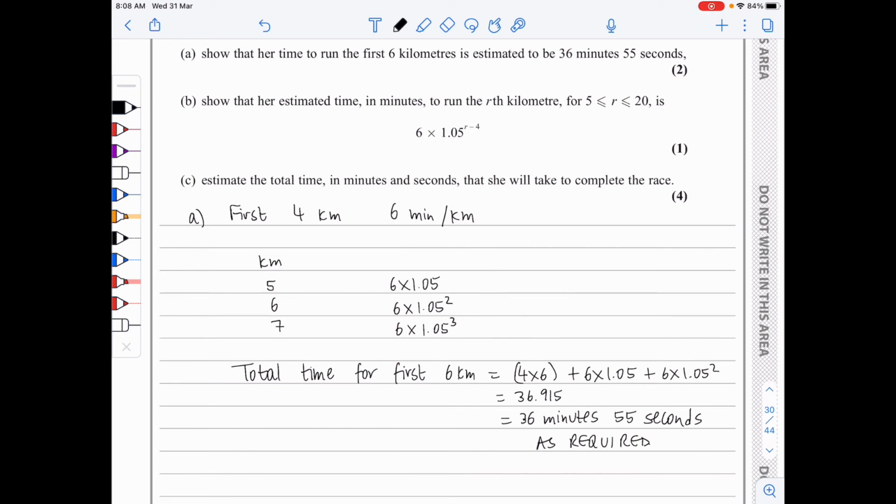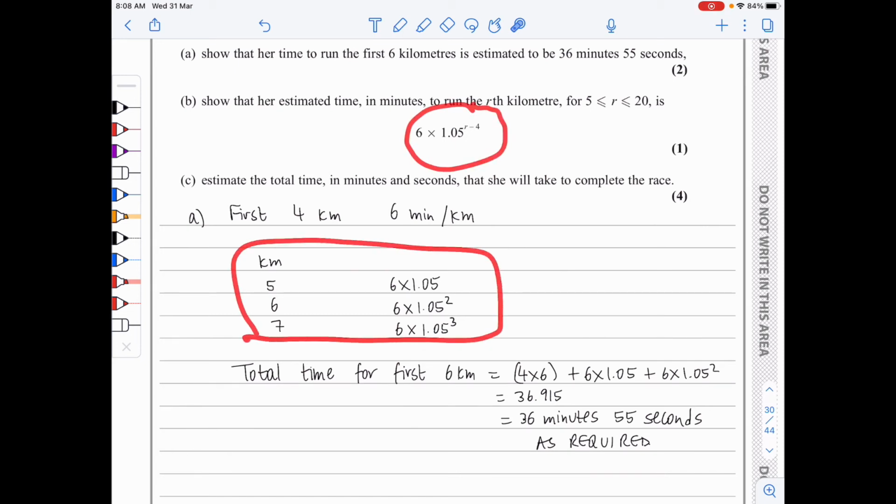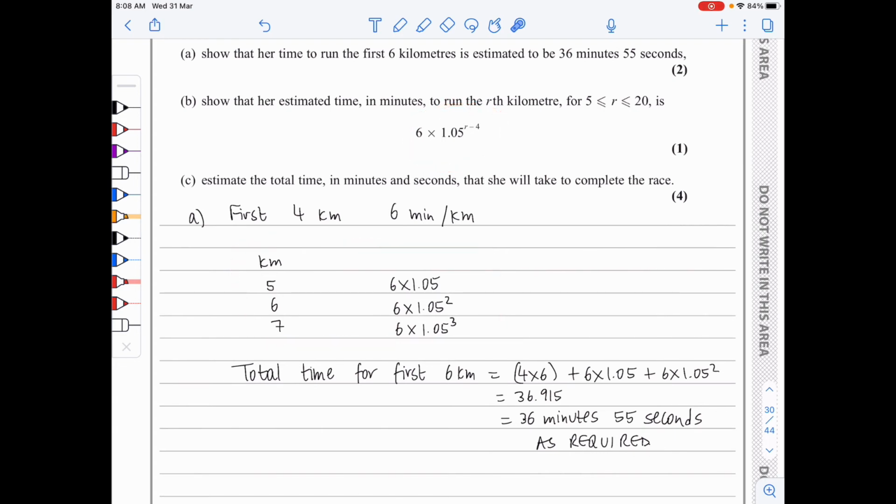Now in B, we need to show that the estimated time to run the rth kilometer is given by this expression. I can actually look back to my table. I have invested some time setting this up so I can easily generalize into the rth kilometer being 6 times 1.05 to the r minus 4, by merely observing that the difference between the kilometer and the index is just the kilometer minus 4.